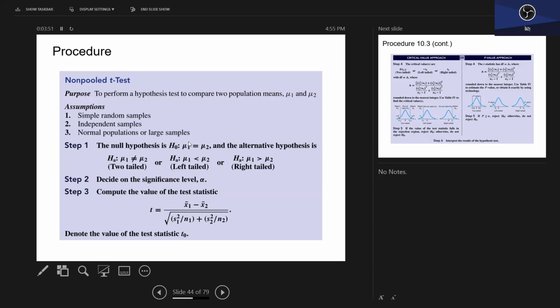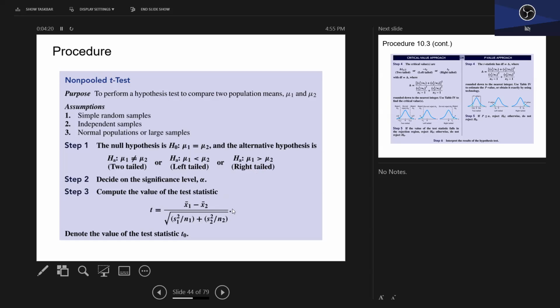This is the same as before. The numerators are different because, if you subtract mu2 on both sides, the left side becomes mu1 minus mu2 equal to 0, and the right side of the non-equivalent sign is zero as well.